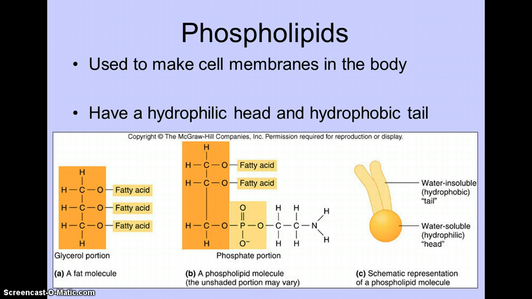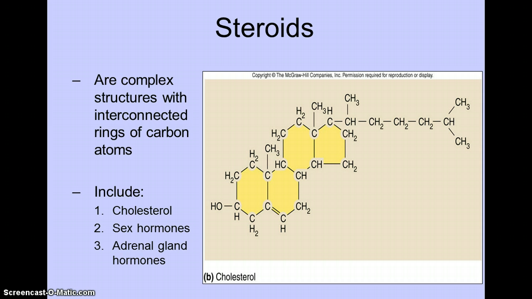The last part of the picture on the bottom right of your screen shows a representation of a phospholipid. Phospholipids are often drawn similar to the way that triglycerides are drawn, but because they only have 2 fatty acid tails instead of 3, they look a little different. Keep this image in your mind because this is how I will draw phospholipids on exams and quizzes and also in my notes.